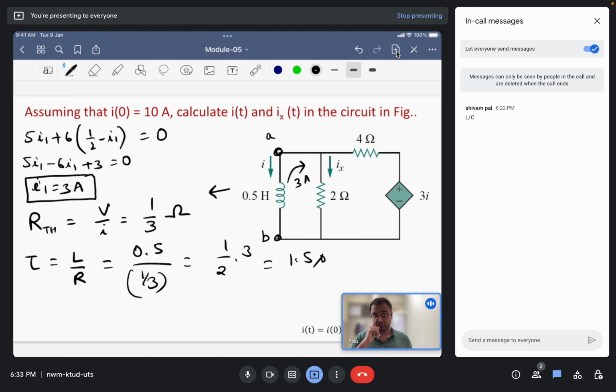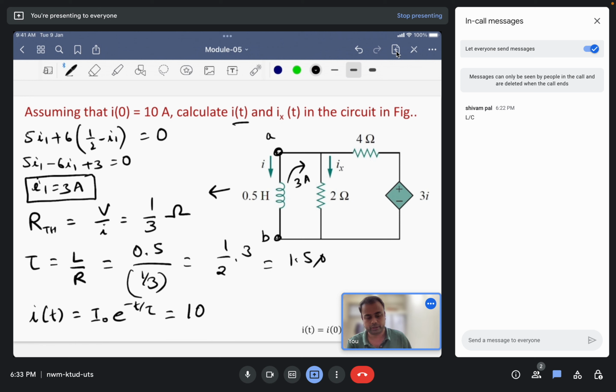Now we have to calculate the current iT across the inductor. The current iT is given by I naught times the exponential decay e to the power minus t by tau. I naught is already provided in the question. The current flowing through the inductor is 10 amperes.